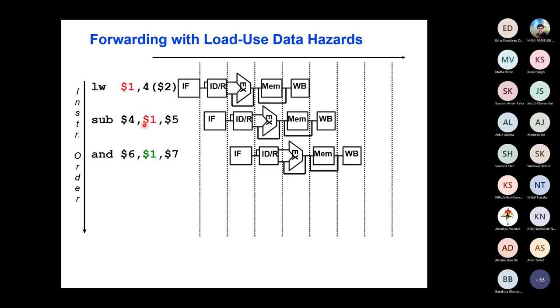When does this demand come? Third clock cycle. Okay, so data is available earliest by the fourth clock cycle and required latest by the third clock cycle. Is it possible?